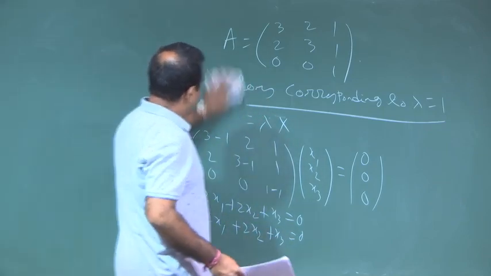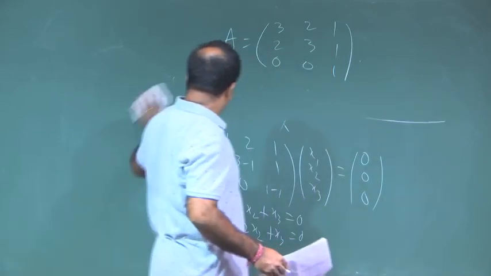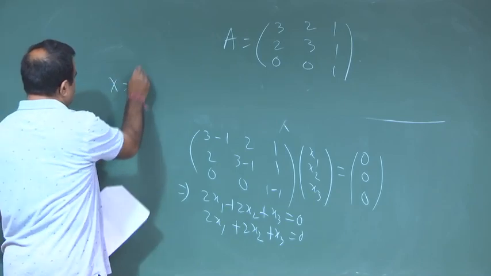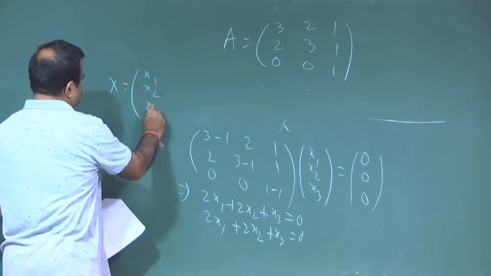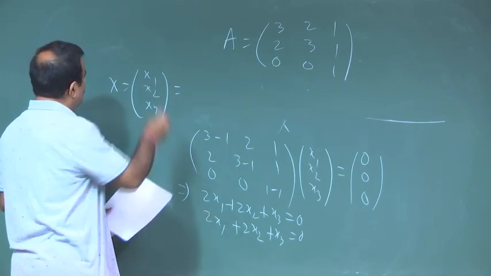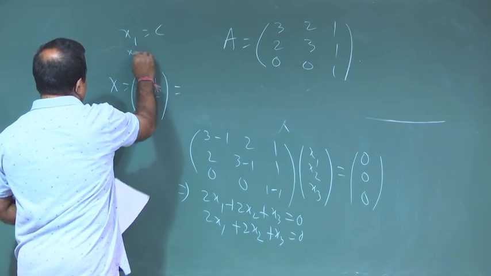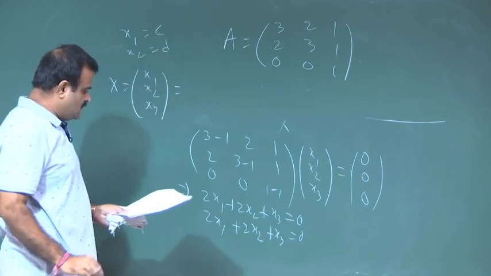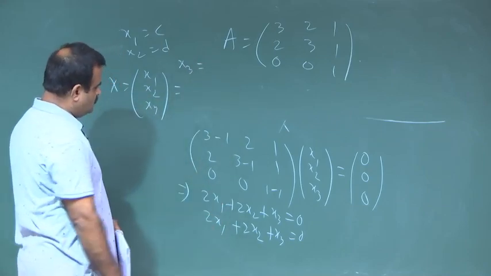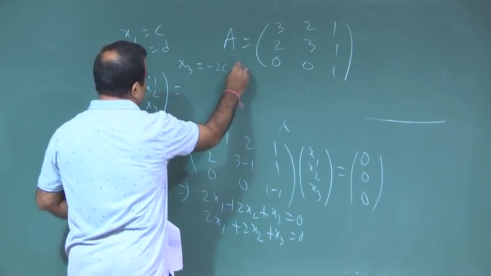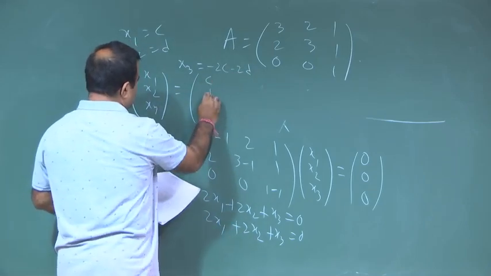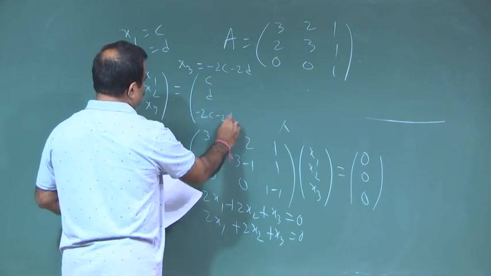The solutions are x equal to x 1, x 2, x 3. We choose two free variables: x 1 is c, x 2 is d, and then x 3 is decided by this equation, so x 3 is minus 2c minus 2d. So this becomes c, d, minus 2c minus 2d.